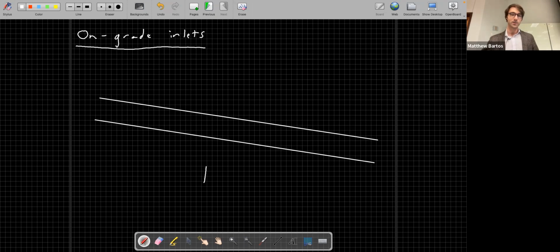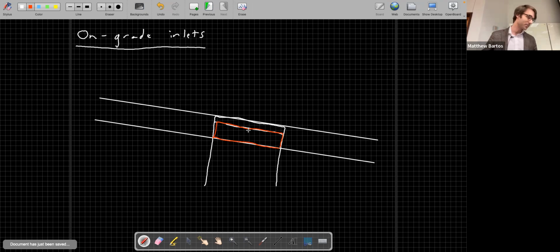It goes into an underground box. Okay, and you have kind of an opening. So in here, this is essentially the mouth of the inlet right here. And this is an on-grade inlet. So it's essentially just along a hill slope.